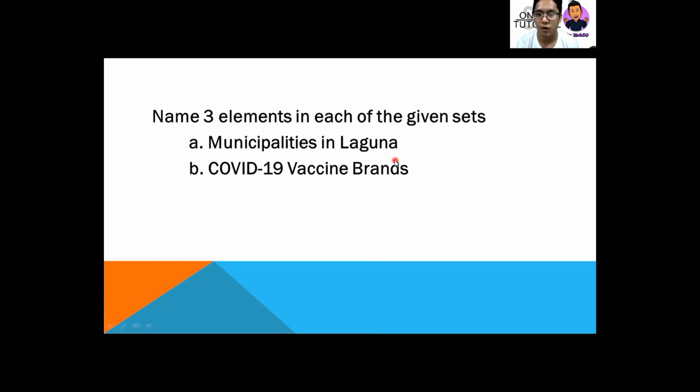Okay, so there are 24 municipalities in Laguna. Next, a COVID-19 vaccine brand. Okay, so we can have Pfizer, right? So can you name 3 elements? Okay, so those are the elements.